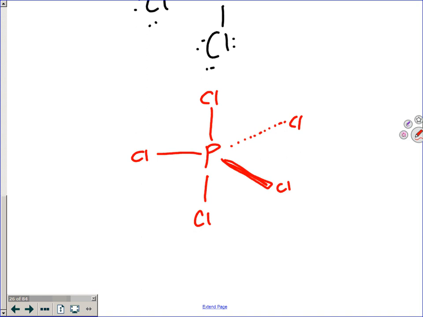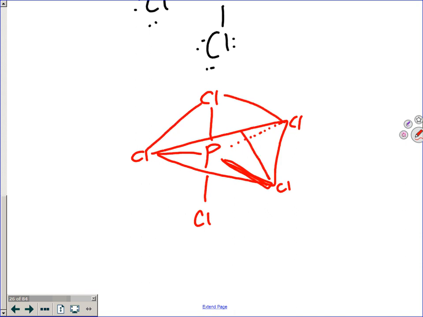Now, I know you can't really tell the shape as is, but let me draw it first on here, and let's see if we can figure it out. I've drawn the 3 top, middle, and bottom in the same plane. One's going to the back into the board, and one's coming out of the board. Do you see the triangle in the middle? Do you see the pyramid on top? Do you see the pyramid on bottom?